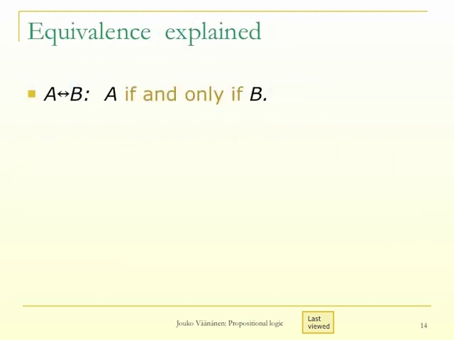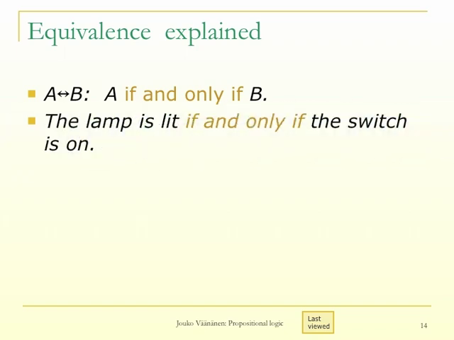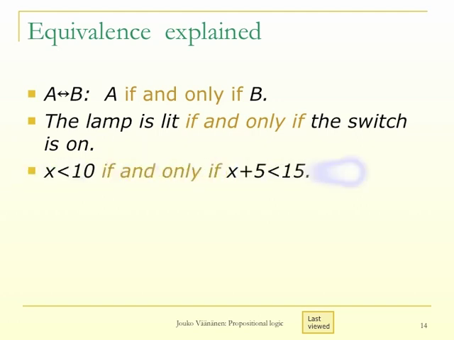The equivalence of A and B, denoted A double arrow B, says intuitively that A holds if and only if B holds. Here are some examples of its uses. The lamp is lit if and only if the switch is on. X less than 10 if and only if x plus 5 less than 15.